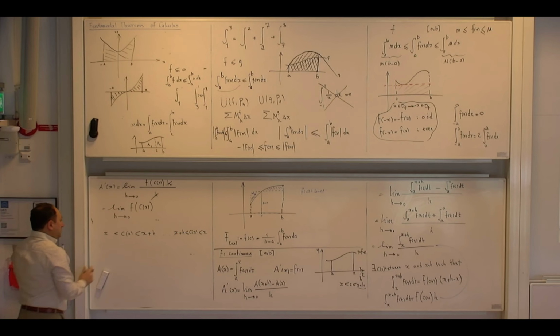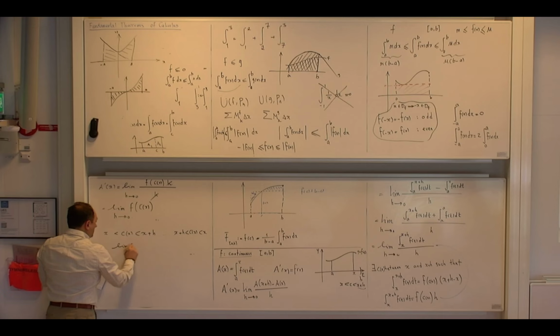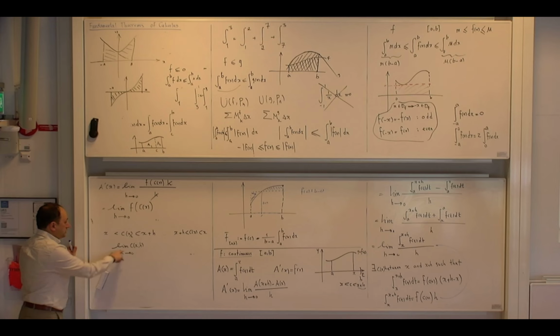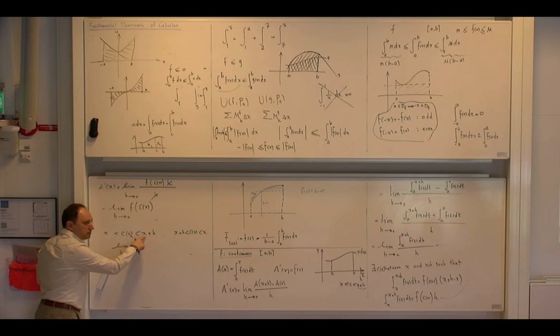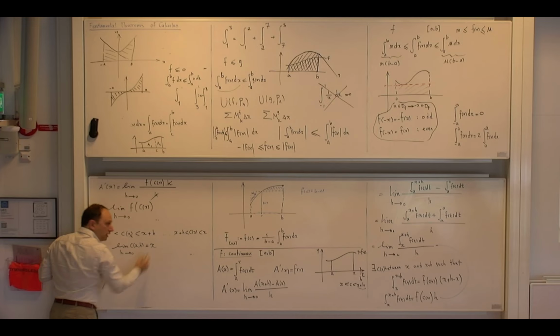But now, can you tell me what is the limit of c of x and h, to be honest? I have to write it properly. h goes to 0. What happens? What is this limit? You found x? Because the limit on the left does not depend on h, it remains x. The limit on the right becomes x. By the sandwich theorem, or squeezing theorem, the limit of the middle one should also be x.